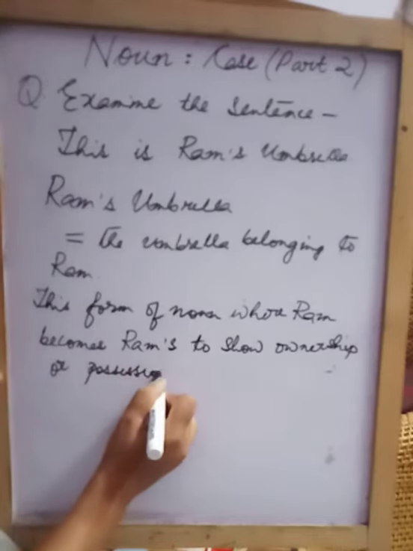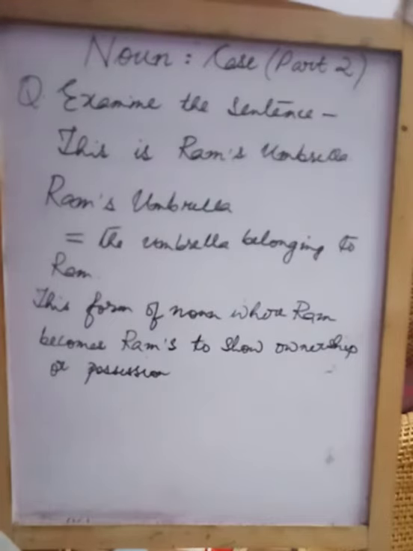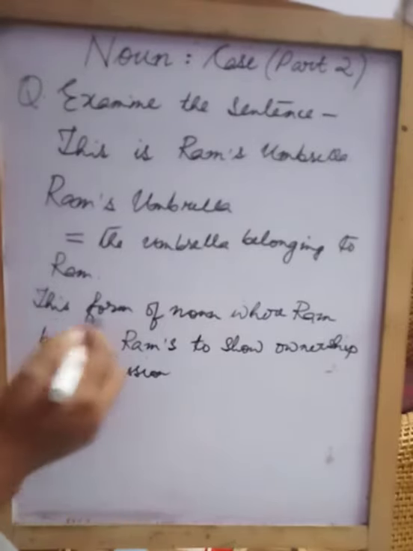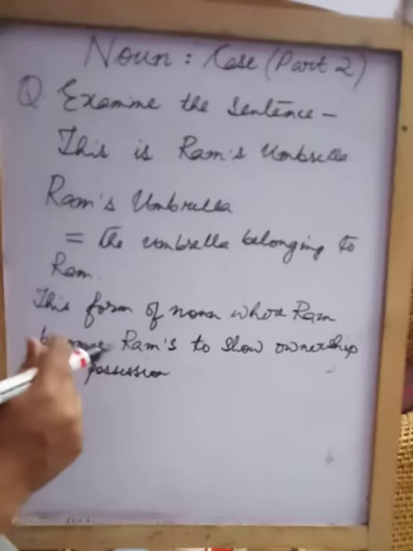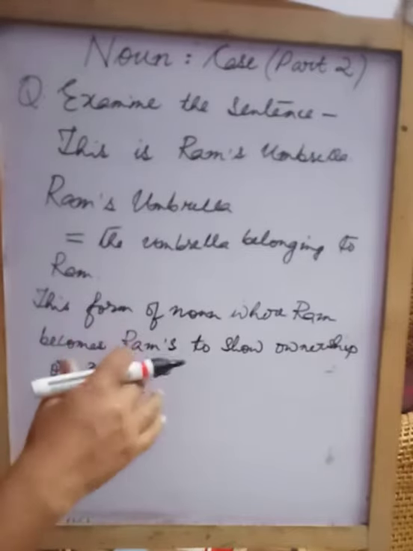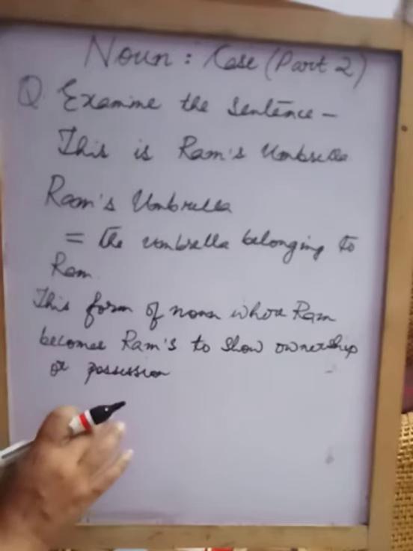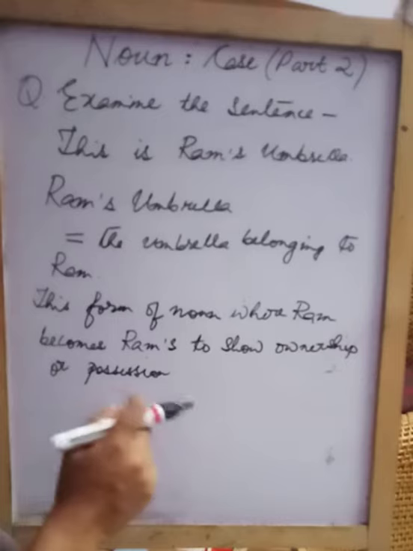It means this umbrella belongs to Ram. He is the owner. He possesses the umbrella, isn't it? So this form of noun where Ram becomes Ram's, that kind of ownership is said to be the possessive or genitive case. Or say you take any other name, we just add an apostrophe s and then it shows ownership. So such a case is a case of possession, or we call it possessive case or genitive case.